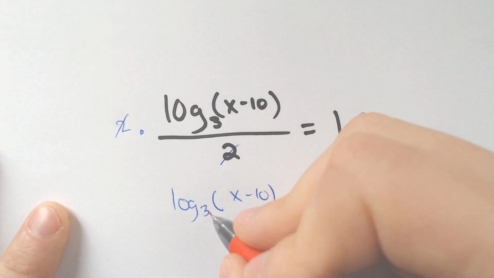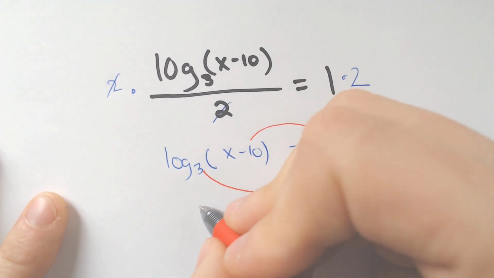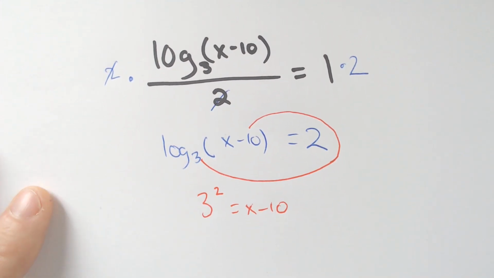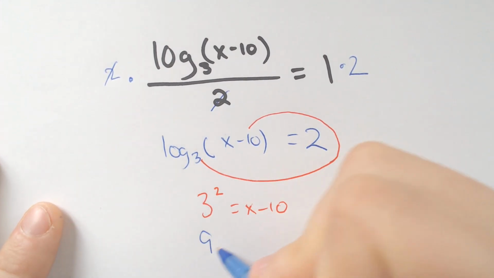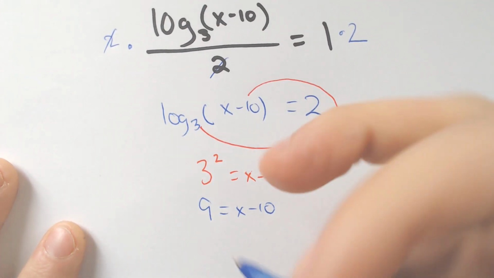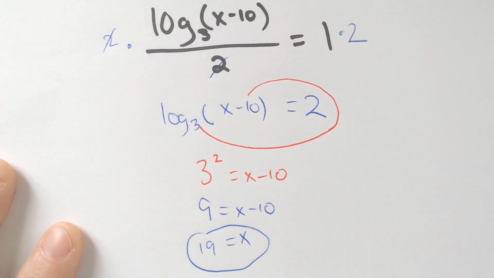Swish this problem around because the 3 and the x minus 10 part are by themselves, so we end up with 3 squared is equal to x minus 10, which means 9 is equal to x minus 10. Add 10 to both sides, and x would equal 19.